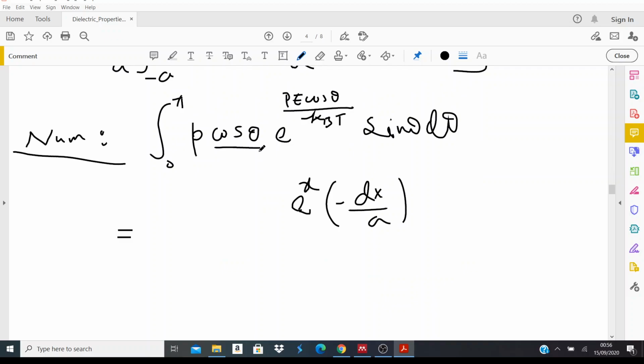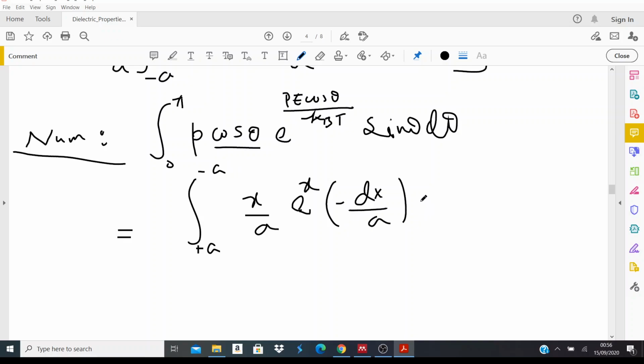So in terms of this cos theta, we can write just x by a, and the upper limit and lower limit will be changed in the same way as before. So the plus a in the lower limit and the minus a in the upper limit, right?